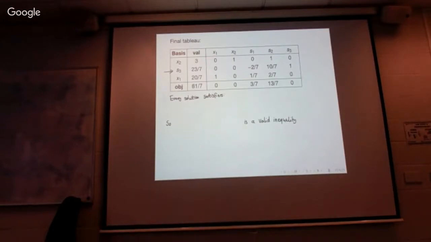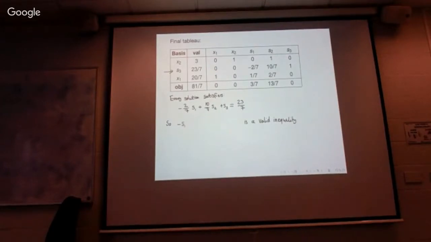Okay, so this row is minus 2 over 7 S1 plus 10 over 7 S2 plus S3 is equal to 23 over 7. So rounding down, what do we get?